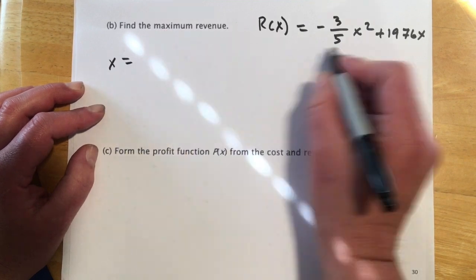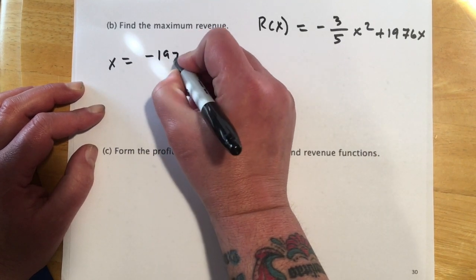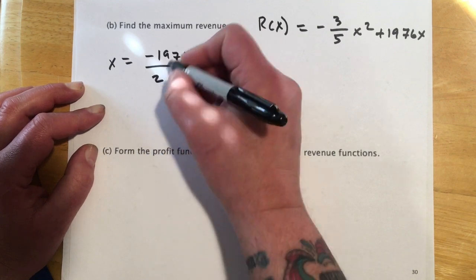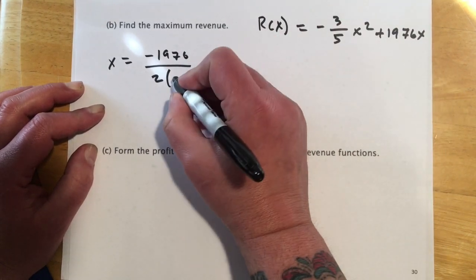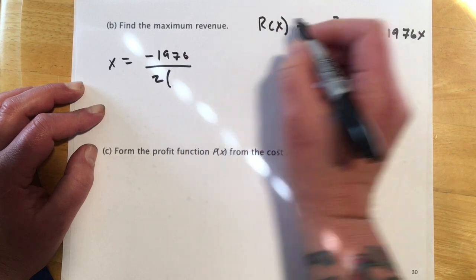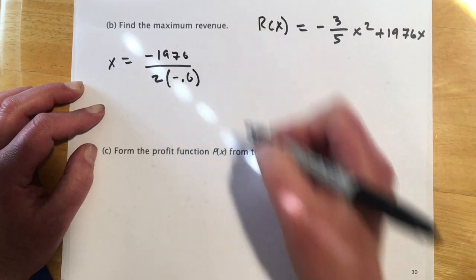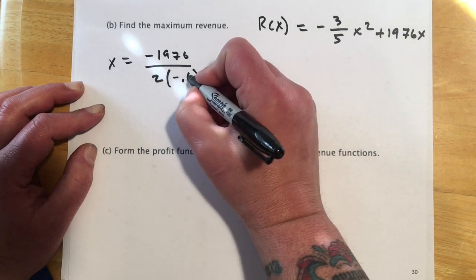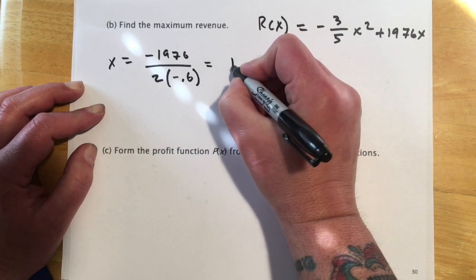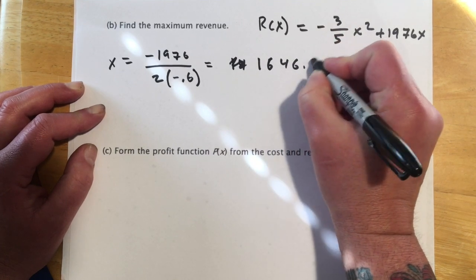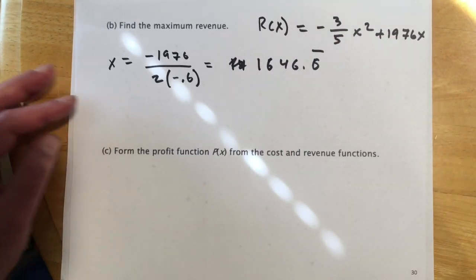So x equals negative 1976 over 2 times negative 3/5, which is the same thing as negative 0.6. So I just put it in the calculator that way. And that got me 1646, and then 6 with a bar.